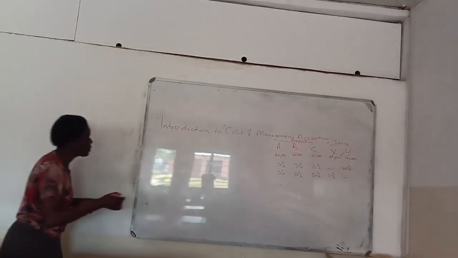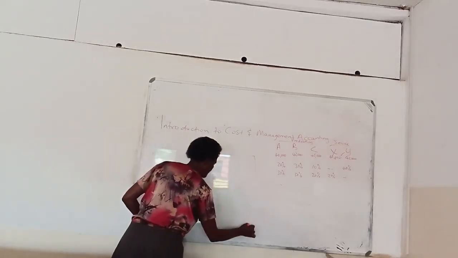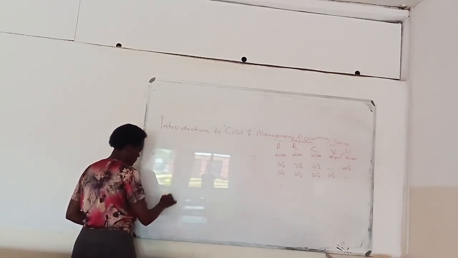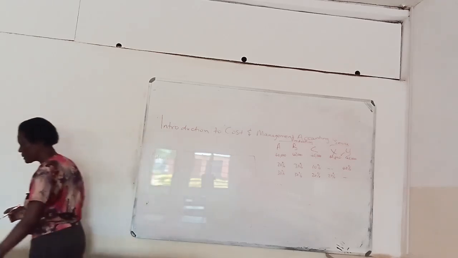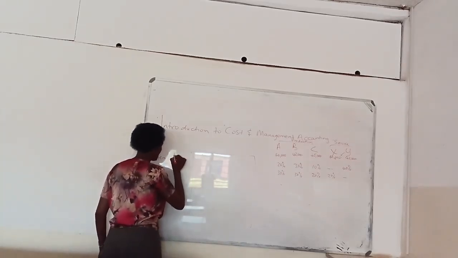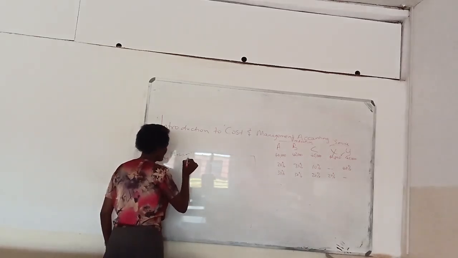Okay, so we still have the same schedule that we had last time. What was the first column? Item. The second column was what? Basis of apportionment.